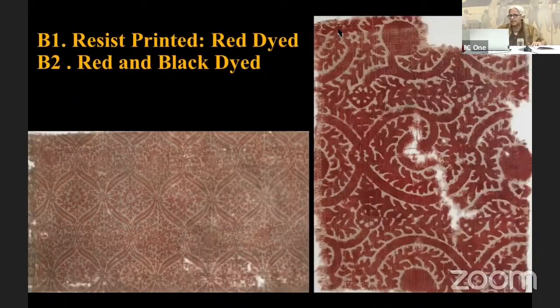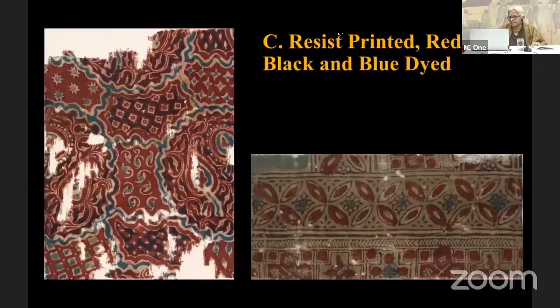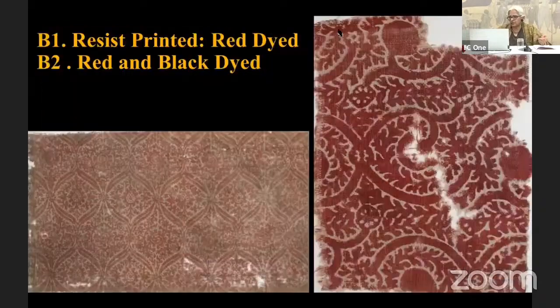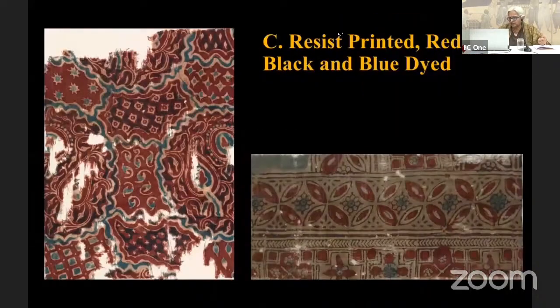This is red and white madder dyed batik. Then there is red and black batik, that is also madder dyed batik. And then there is resist print, red, black, and blue, where madder and a combination of indigo is done. So these are some of the batiks that you can see.